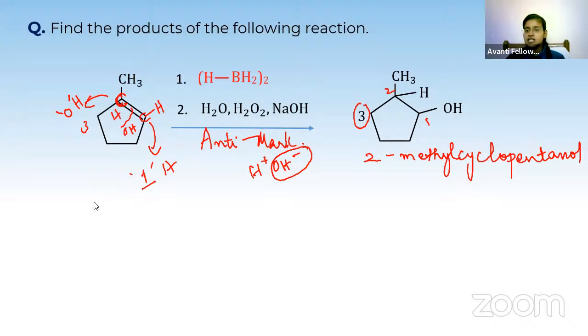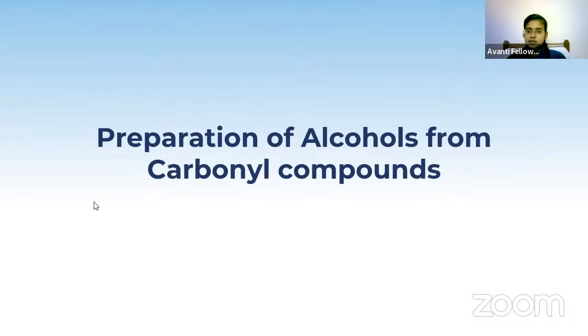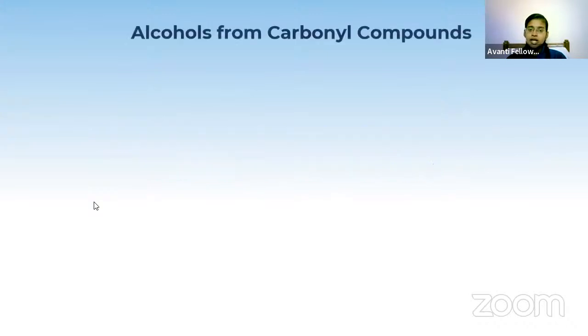Fine. So let's go ahead with the second preparation. The second method of preparation of alcohol is from carbonyl compounds. Alcohols from carbonyl compounds. There are four very important carbonyl compounds: aldehydes, ketones, esters, and carboxylic acids.